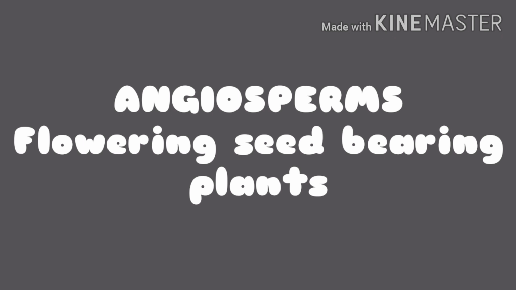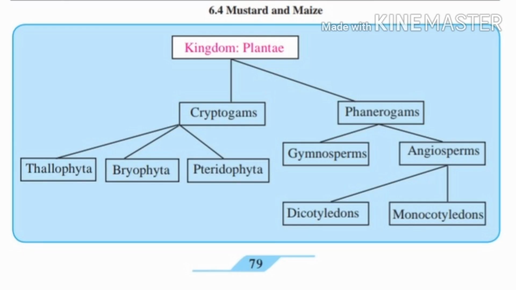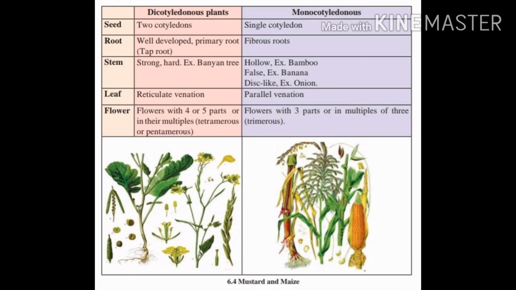You cannot see the seed from outside. If you want to see the seed, you have to break open the fruit. Now these angiosperms are further classified into two types, that is monocot and dicot. Last year you learned what is meant by monocot and what is meant by dicot. The seed in which there is only one cotyledon is called monocotyledon, and the seed in which there are two cotyledons is dicotyledon.